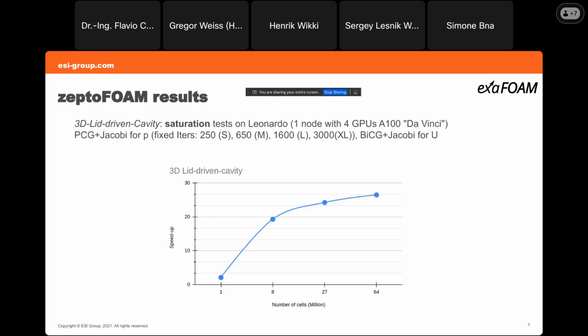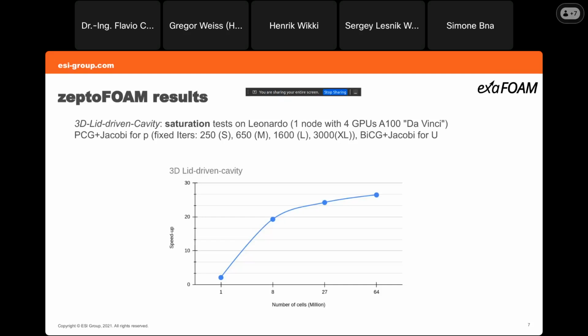And you see that you have a huge speed up moving from the case S with 1 million to the case M. The speed up moved from 2 times with respect to 1 CPU node to 20 times with respect to 1 CPU node, and it tries to arrive at a sort of plateau from 27 million cells and so on. The best number we achieve is around 26 times speed up, 1 GPU node versus 1 CPU node.